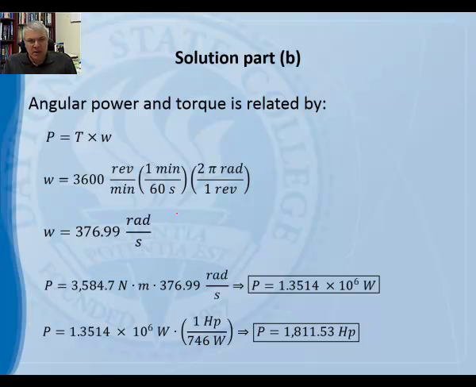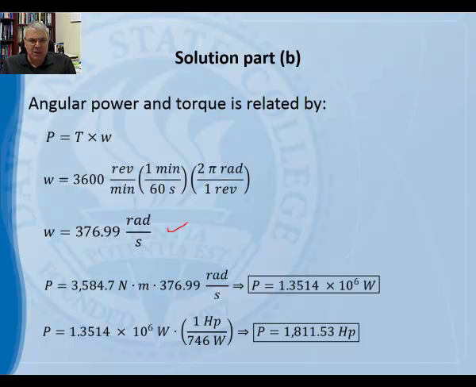There are 60 seconds in 1 minute, so we go from rev per minute to rev per second. Then we multiply by 2 pi to go from revolutions to radians. So we're going to have a W, sometimes called omega, of 376.99 or 377 radian per second.